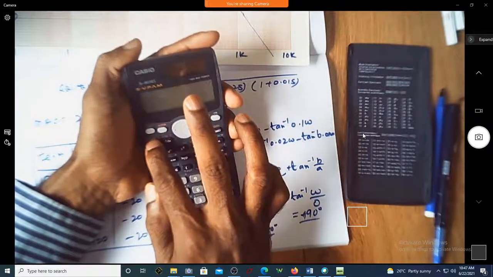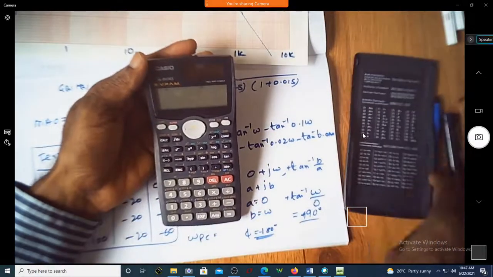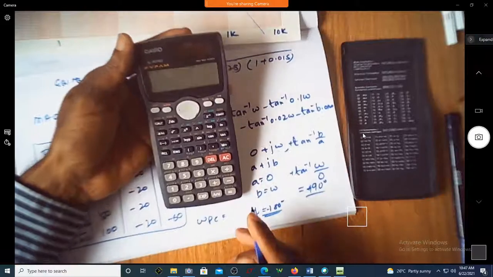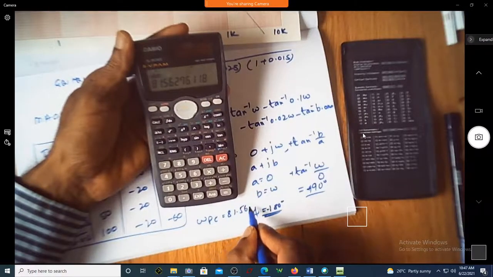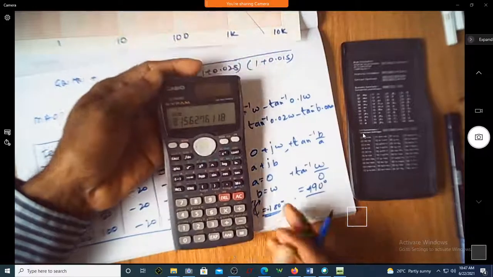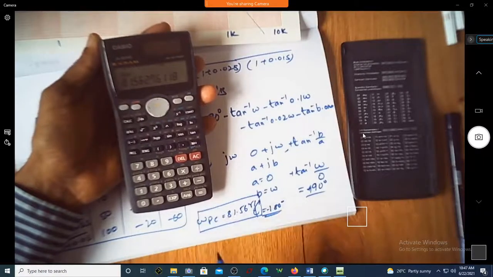Shift calc. It is 81. Okay, let me just see. I'm just waiting for the answer. It is 81 radian per second. 81.56. Correct? Yes, sir. So 81.56 is omega PC.